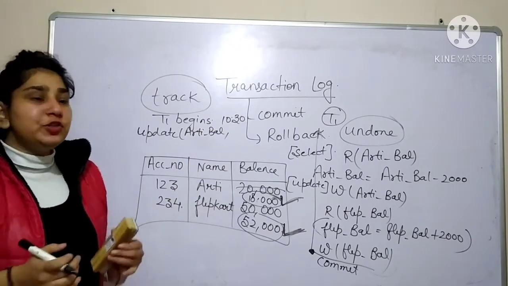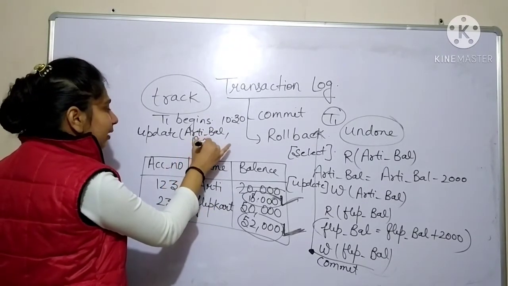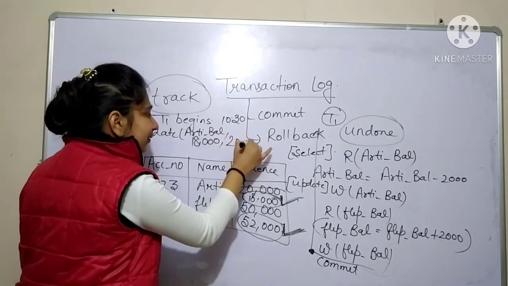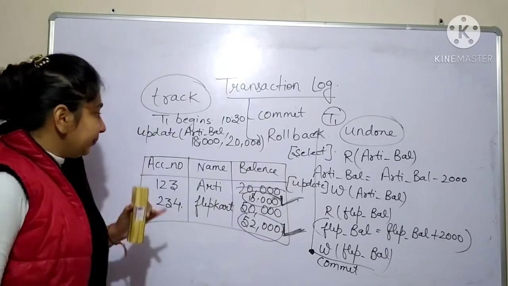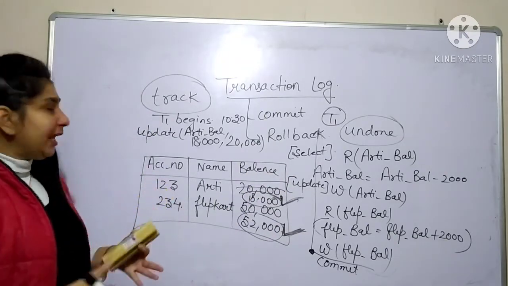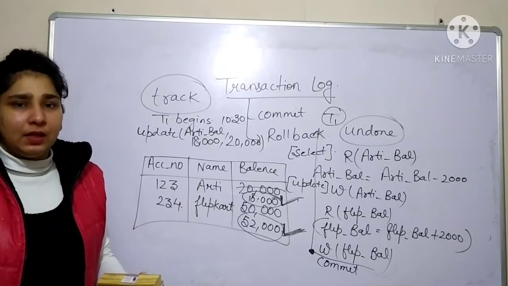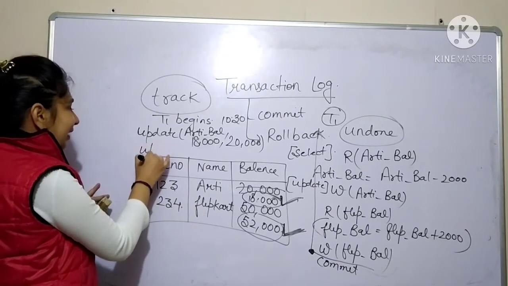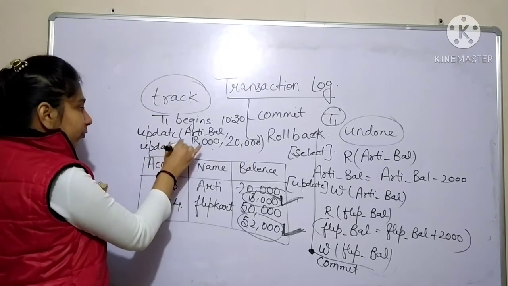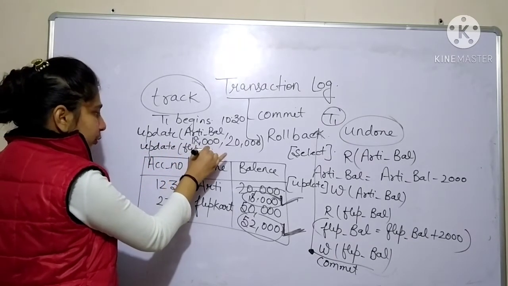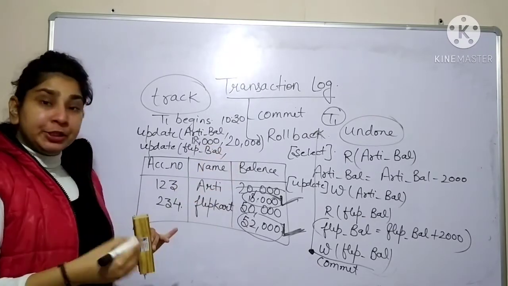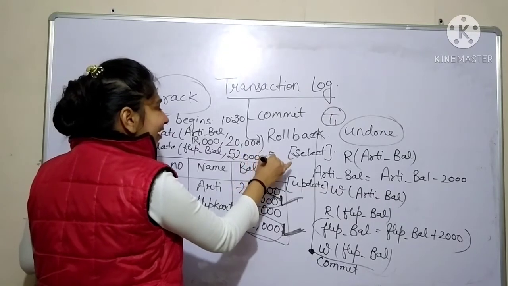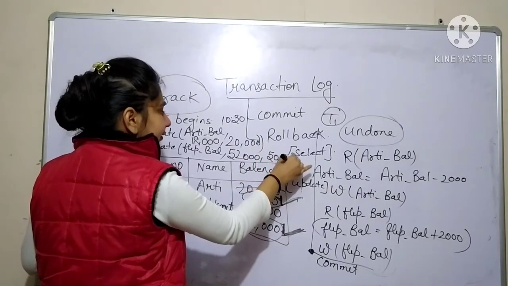The value which I updated is 18,000 and my previous value was 20,000. This way you keep track of everything you are doing. Then you will say that I updated Flipkart's balance to 52,000 and the old value was 50,000.